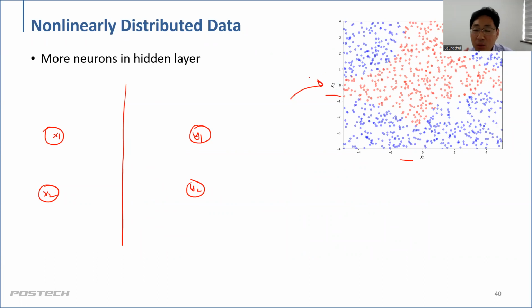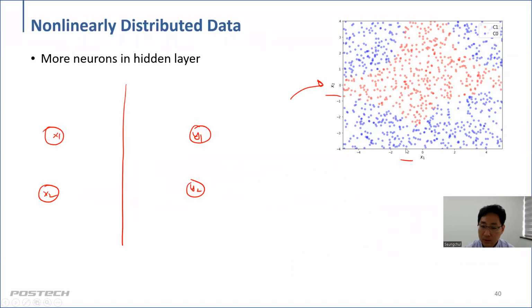Or I'm going to say it another way: how many lines do we need? I'm going to say maybe 4.